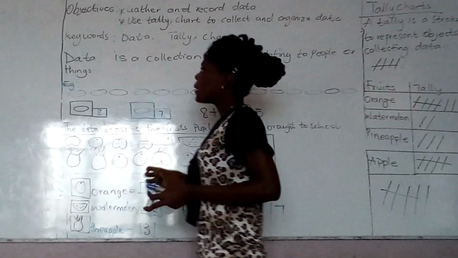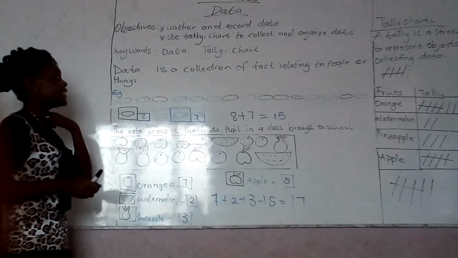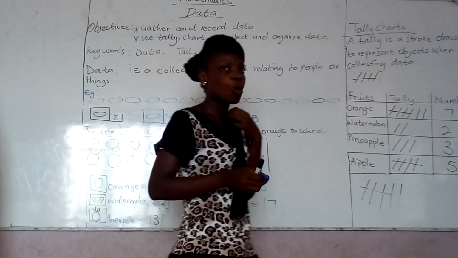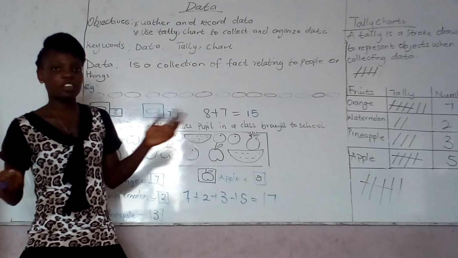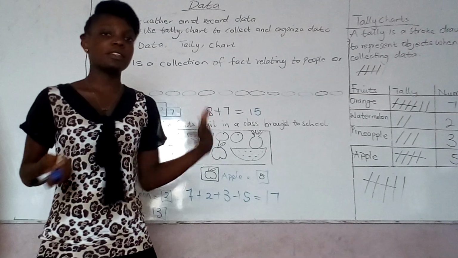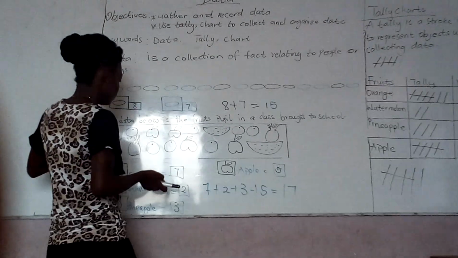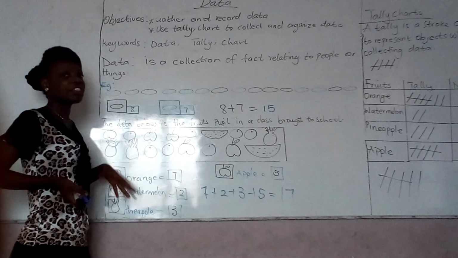We go over our lesson. I said what? Data is a what? Collection of facts relating to people or things. So when you gather information about people and things, you are doing what? Collecting data. Do you understand? And we get to sort them out. When you collect your data, you sort the things out.